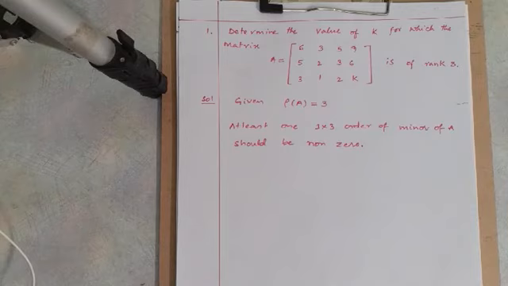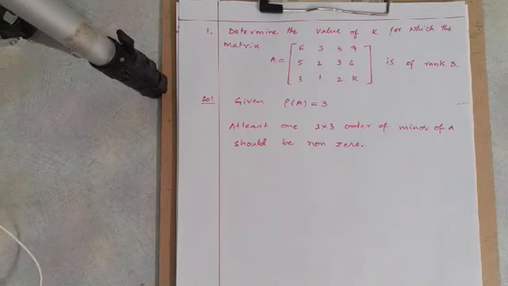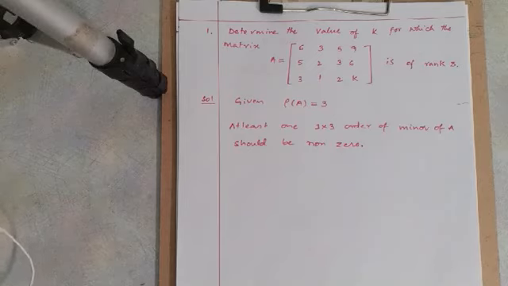Here a matrix is given and the rank is also given. The order of the matrix is 3 by 4, but the rank is given as 3. The rank of a matrix is 3 when you take a 3 by 3 order minor of A, find the determinant, and it is not equal to 0.